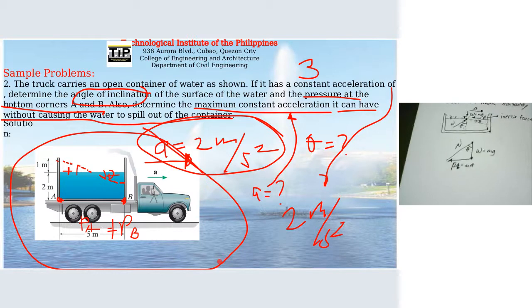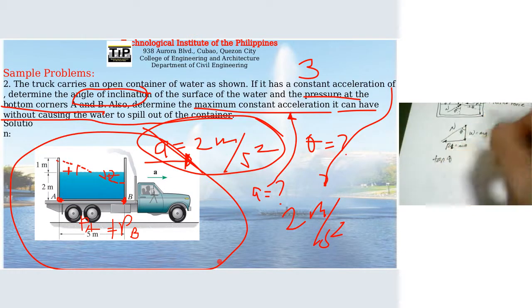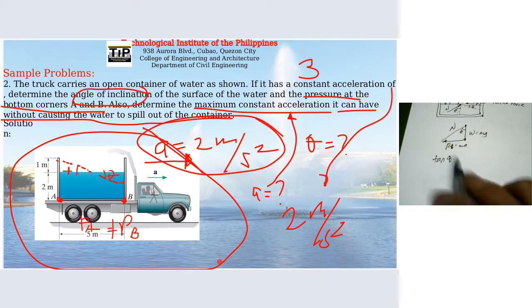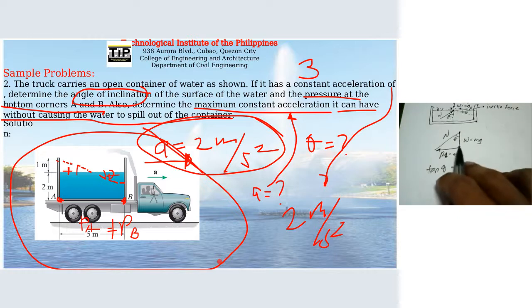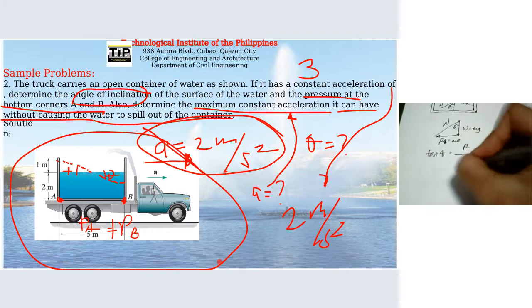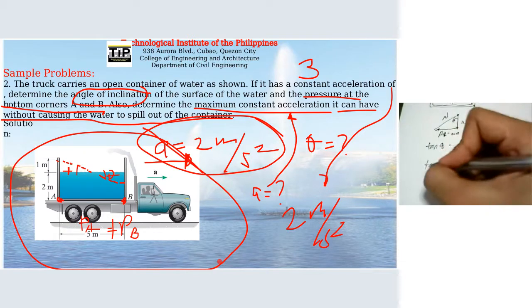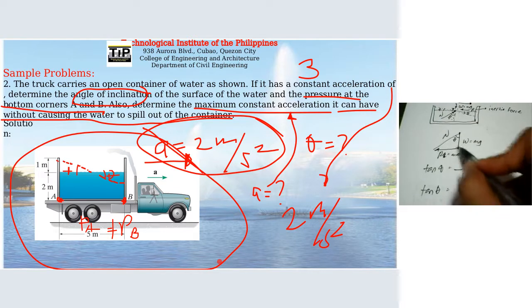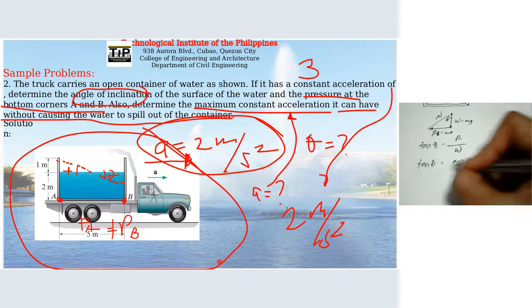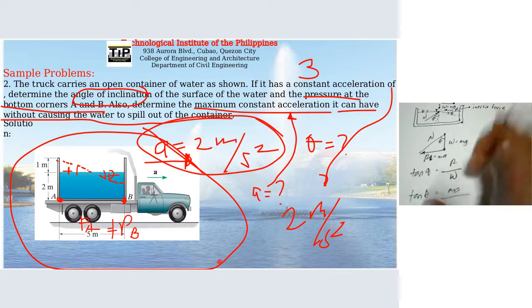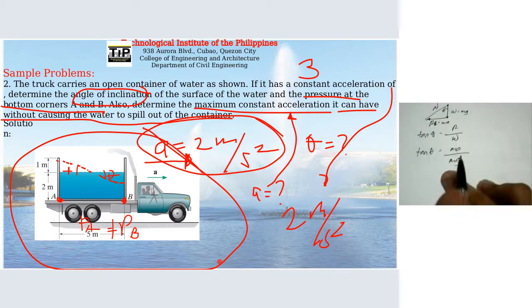So, to get this theta, we can use the tangent function. So, tangent is opposite over adjacent side. So, we have opposite R over adjacent side W. So, this R is equal to MA, and this W is equal to mg.